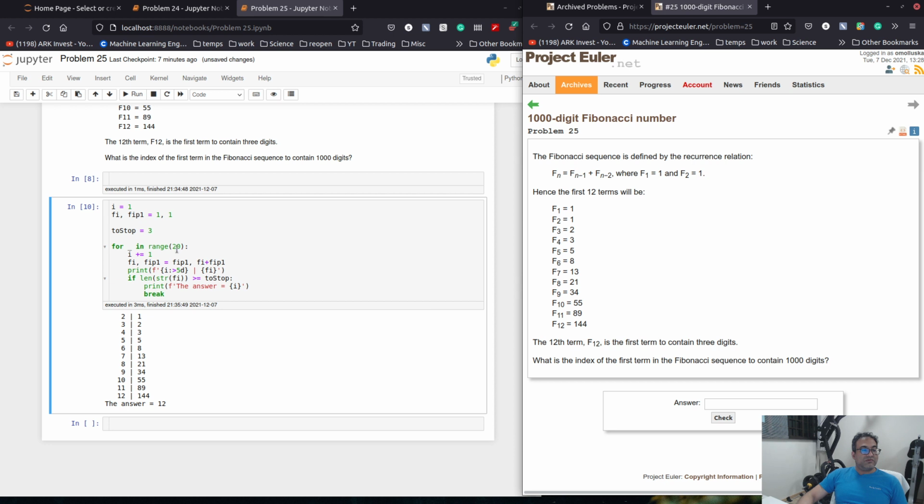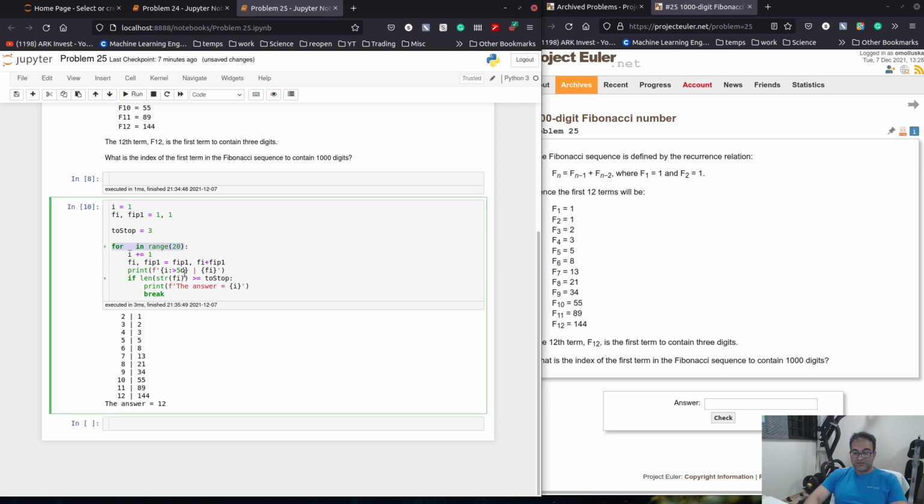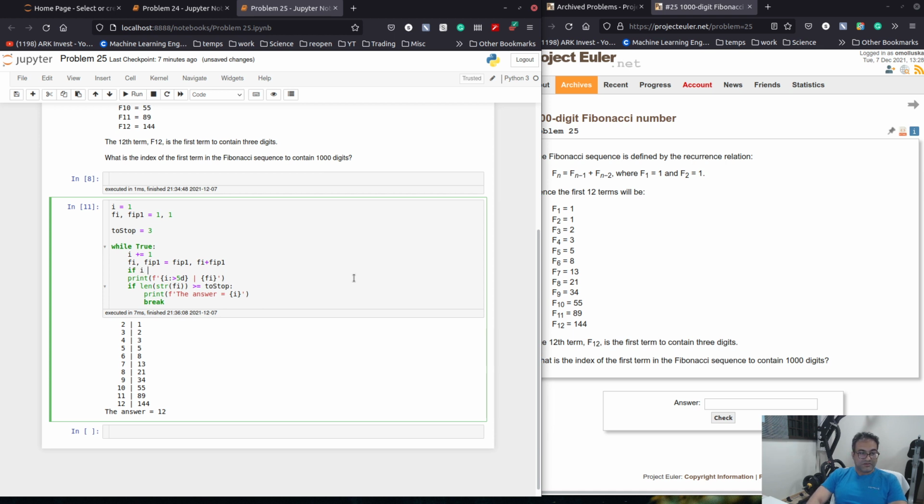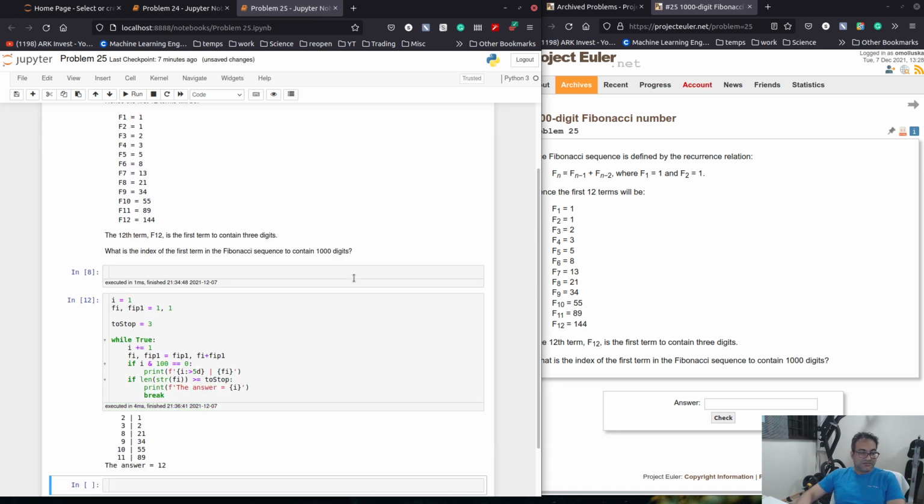I want to make this while true, like that. I don't think printing this is useful, except if i percentage 100 equal 0, then print this. So every 100 items we will print to make sure that the program is running.